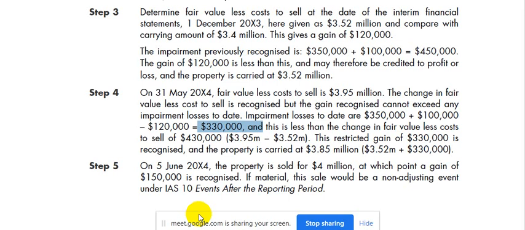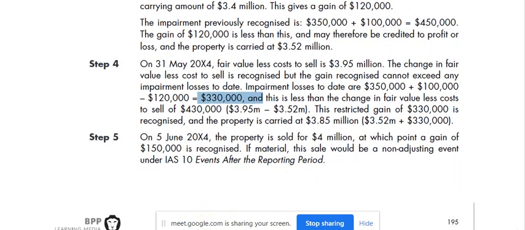If it is material, the sale would be what? A non-adjusting event. Which will be what? Which will be disclosed in the notes. Is that clear?